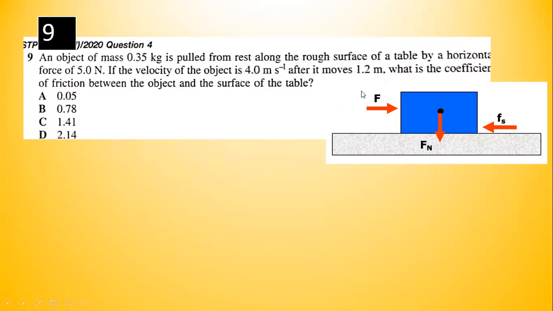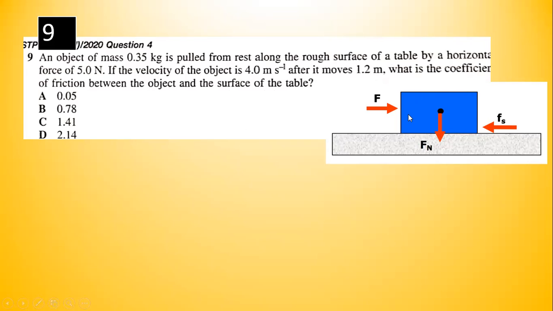It's a rough surface, so there's friction. This one is moving, so it's kinetic friction. If the velocity of the object is 4 after it has moved 1.2 meters, what is the coefficient of friction between the object and the surface of the table?